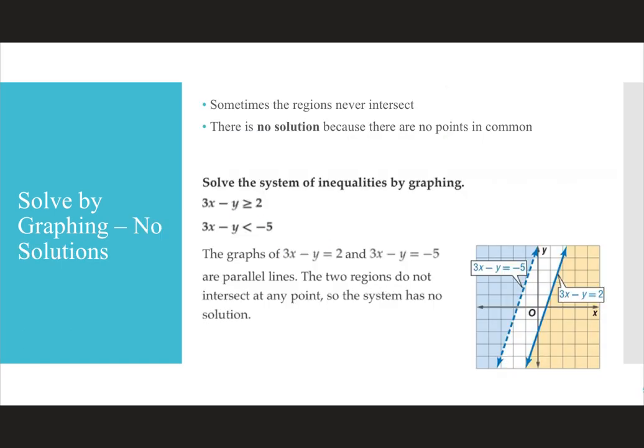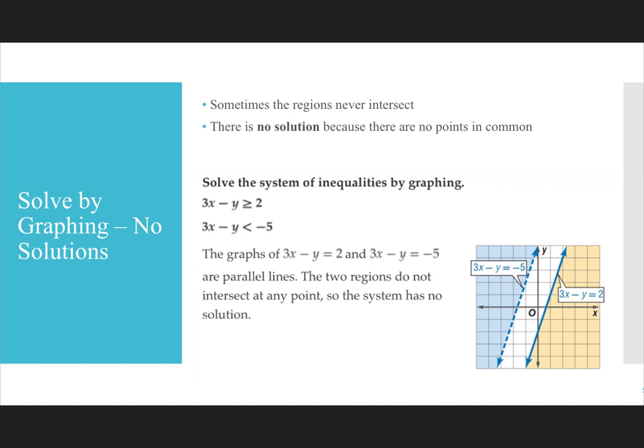Now, not every system of equations is going to have a solution set. Remember, if there is no overlap, then there is no solution. Now, with regular systems of equations, no solution graphs happened when there were parallel lines. But as you've seen demonstrated at least twice, we've had parallel lines, but the shading still overlaps with systems of inequalities.